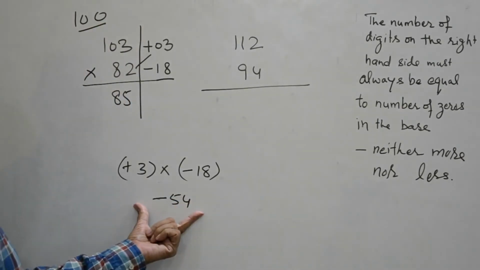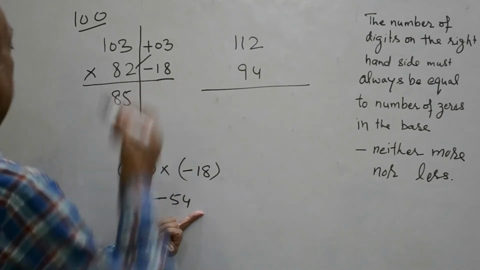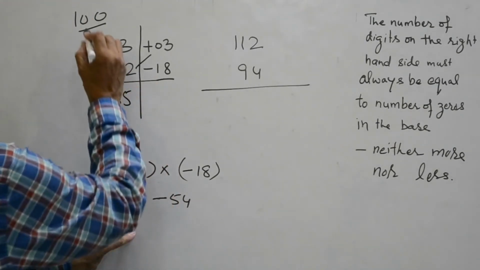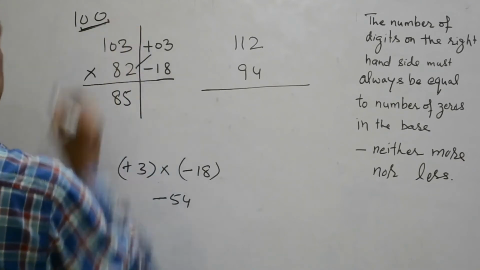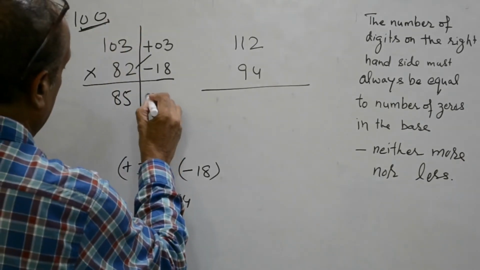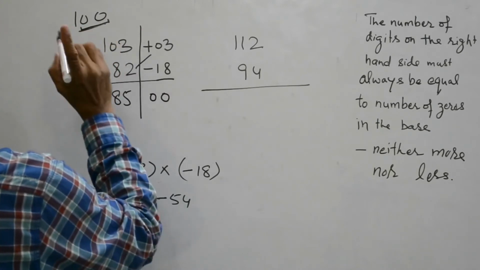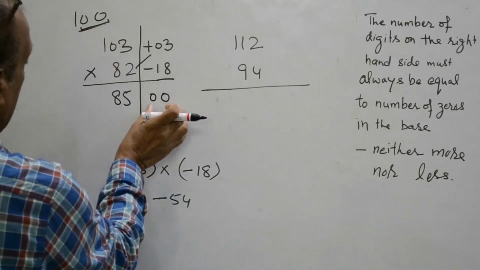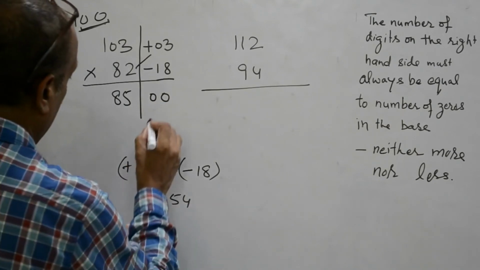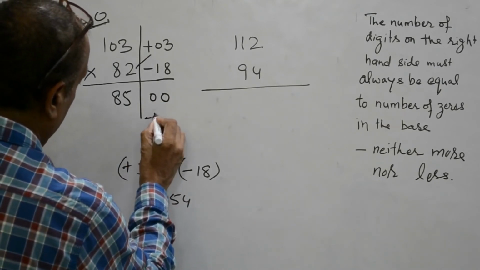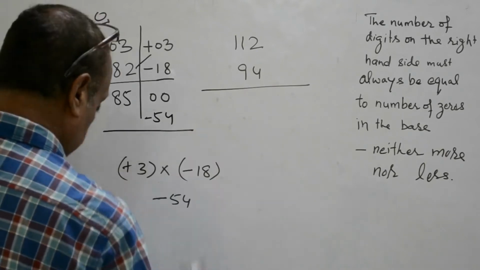So when we get a negative number on the right hand side, then put the number of zeros which are there in the base over here. In 100 there are two zeros, we have put these two zeros over here. Now deduct 54 from this number.